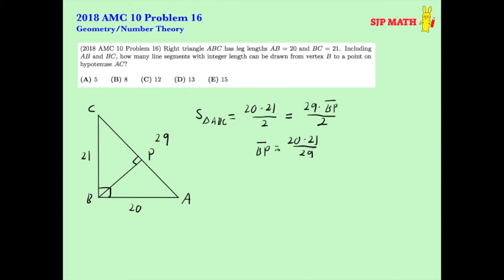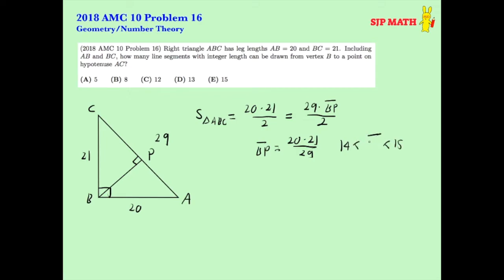So BP is not going to be an integer, which kind of sucks, but we only want to deal with integers here, so we're going to put BP in an interval between two integers. Here we can see that BP will be around 14 point something. So BP is going to be between 14 and 15.